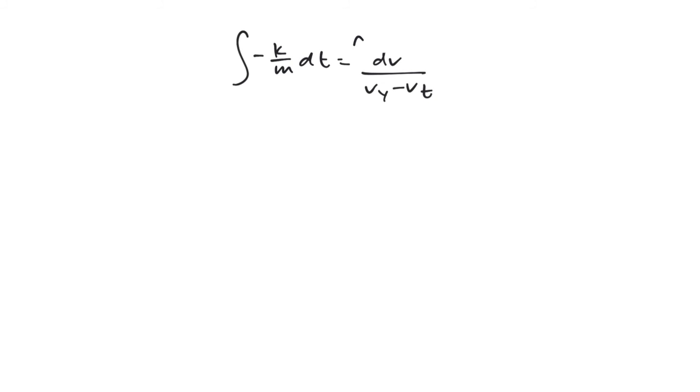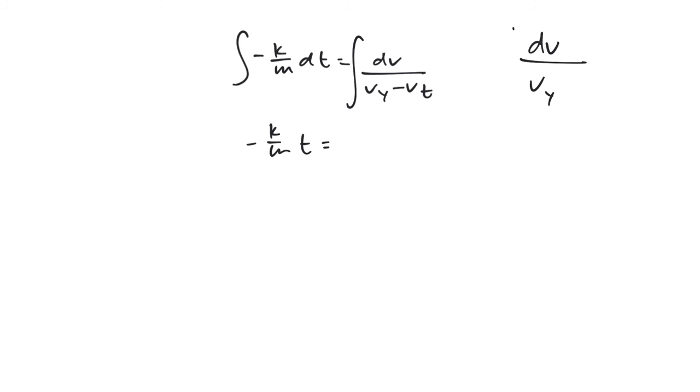So from there we've got to integrate. The integral of negative k over m dt is negative k over m t. But this one's trickier because you've got dv over the Vy. I'm going to leave out the Vt for a second.